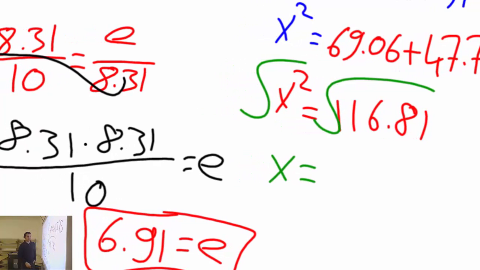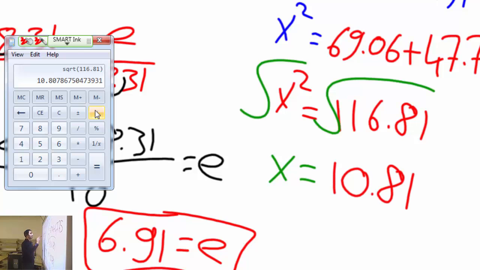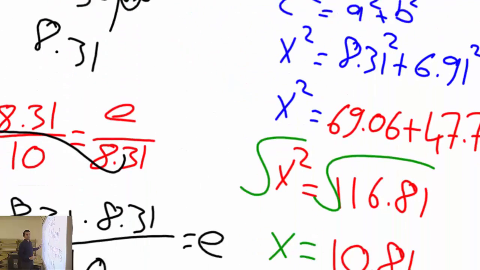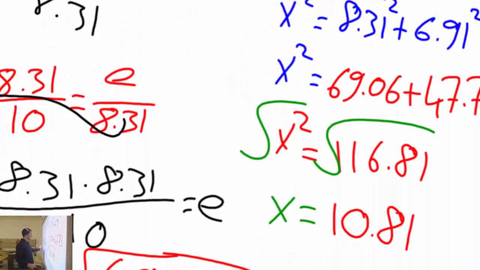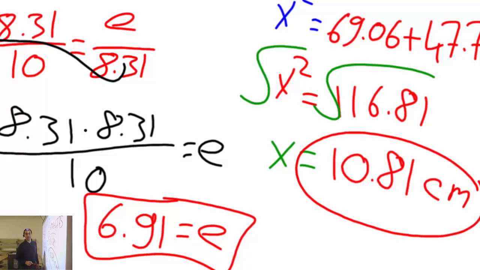Square root of this. I'm going to round this up to the nearest hundredth. 10.81. 10.81 what? Centimeter. Now you know what the x is.